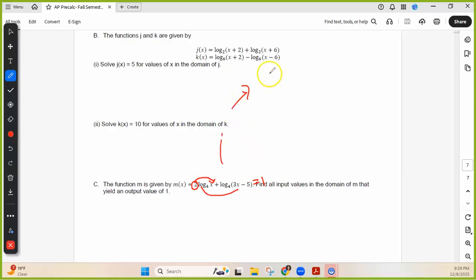I got log base 4 of x squared times (3x minus 5) is equal to 1. Well, single logarithm. Convert to the exponential form. 4 to the first power is equal to this weird thing, 3x cubed minus 5x squared.